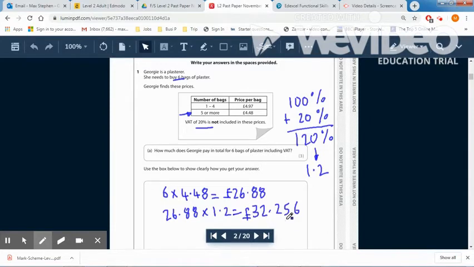The last thing I have to do here is change this into how I would see it in a shop, so I'm only going to have 2 decimal places after the point. I need to look at this 5, and the number next to it, 6, is going to round up. So my final answer is going to be £32.26.